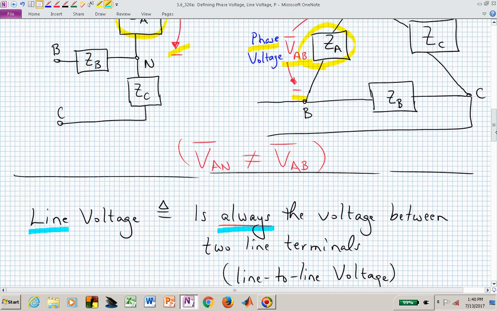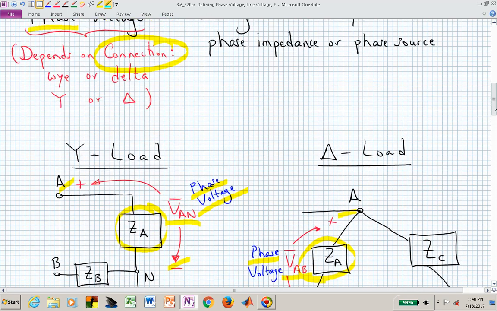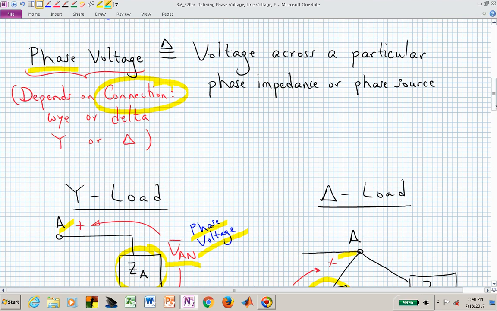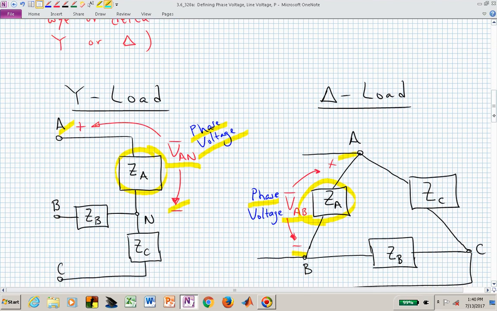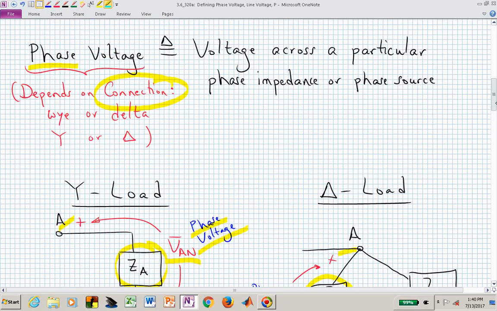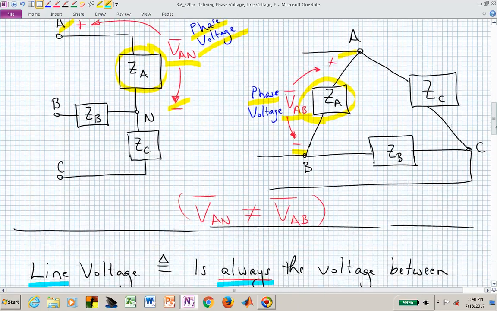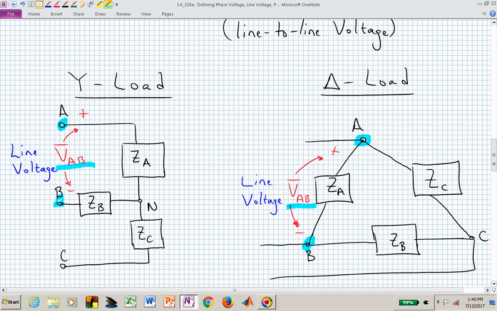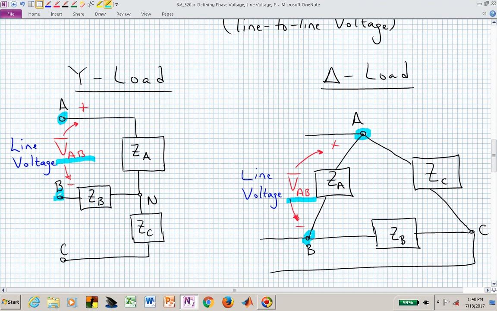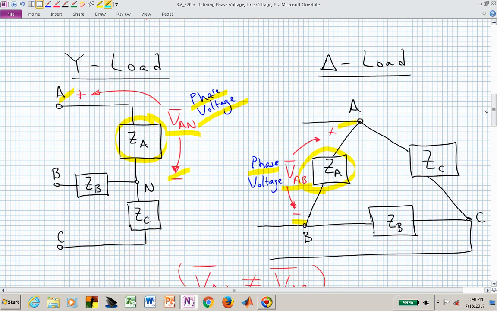The line voltage is a different concept than the phase voltage, but you can see that the phase voltage for a delta-connected load is the same as the line voltage. For Y-connected loads, that's not true. The line voltage is V sub AB, and that's not the same as the phase voltage in a Y-connected load. And that's the distinction you need to be clear on.